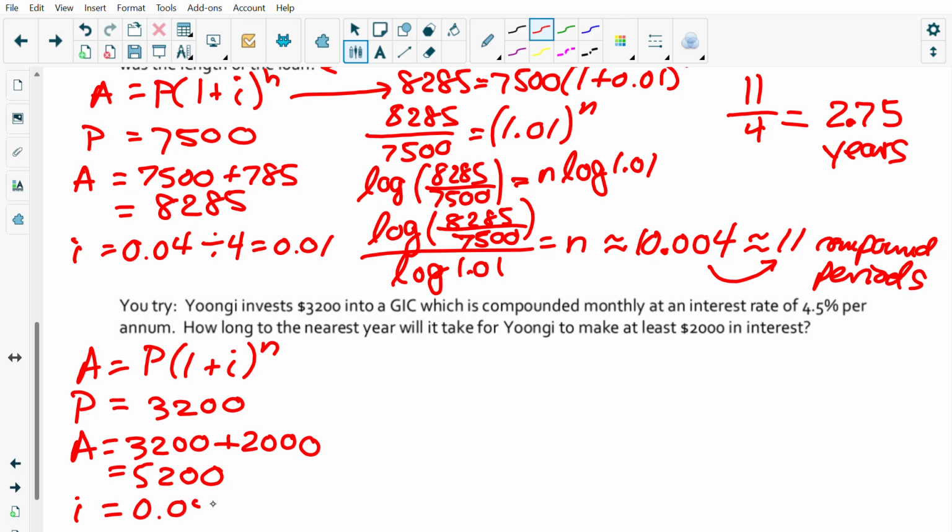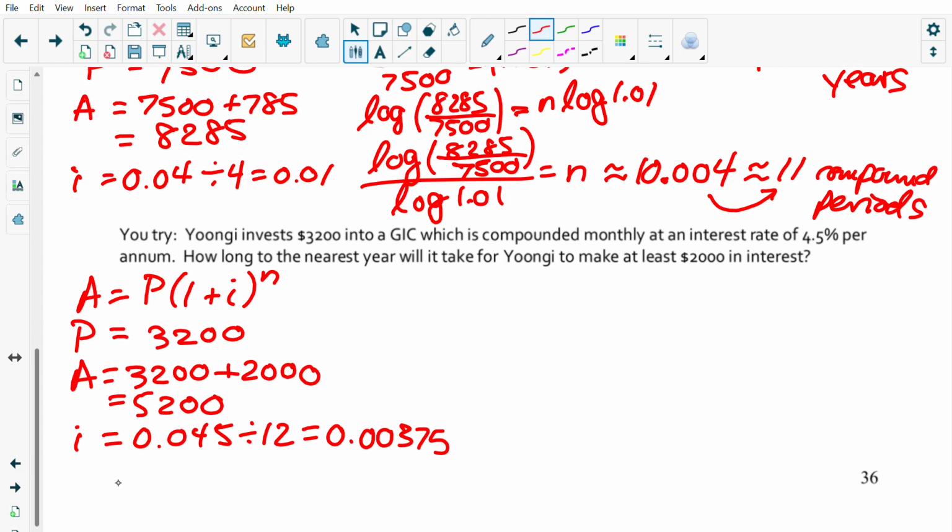My interest rate is 4.5% per annum, but I'm compounding it monthly, so I need to find my monthly interest rate, which is 0.00375. N value, I do not know. That's what I'm going to solve. That's going to lead me to the term of the GIC. So let's set it up.